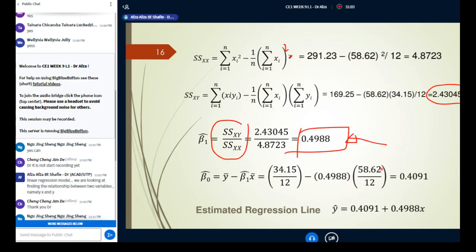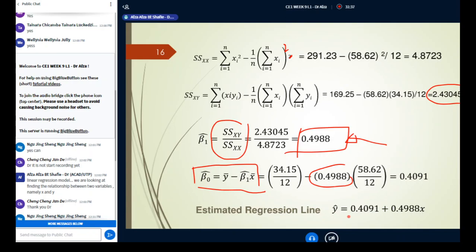So what you're saying is that the electricity usage can be calculated from 0.4091 plus 0.4988 times the value of x. In the case where your production is zero, your y is actually 0.4091.